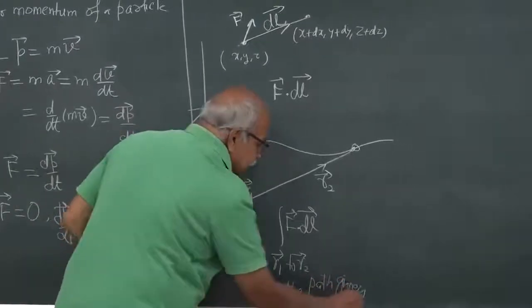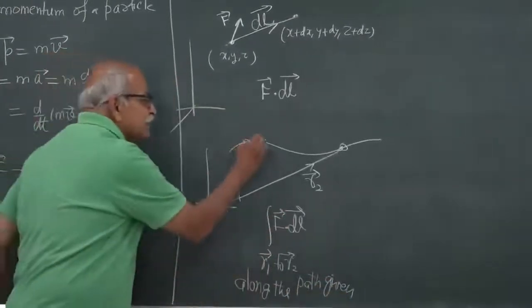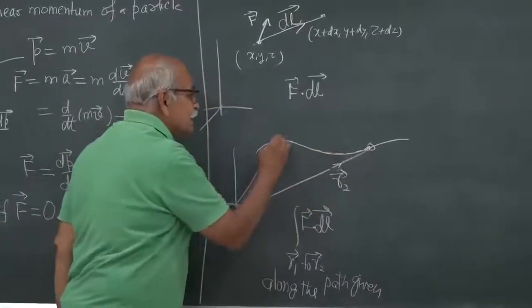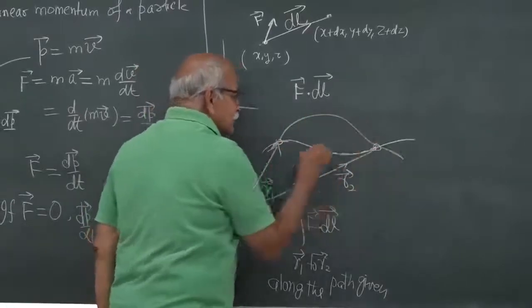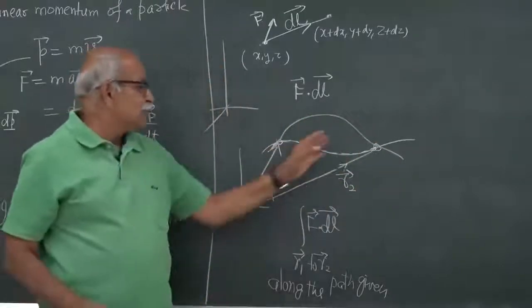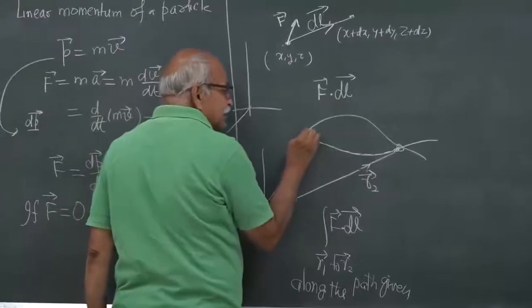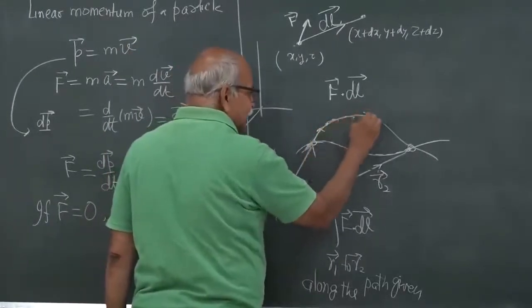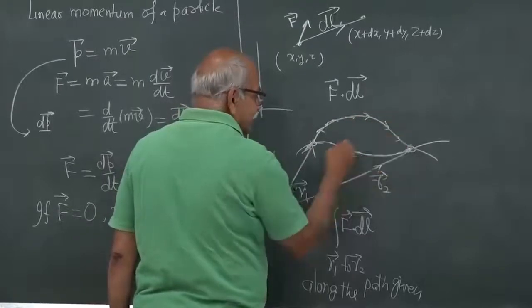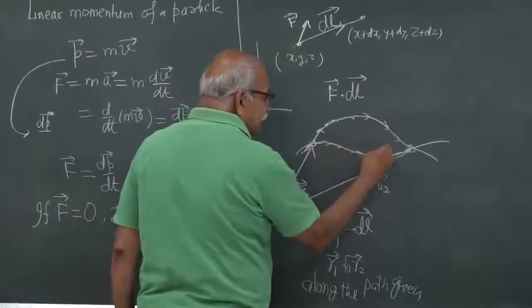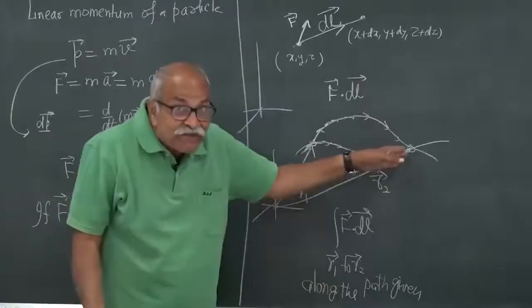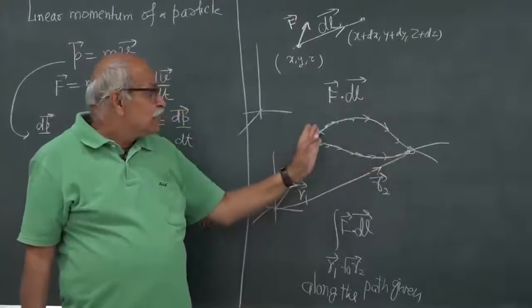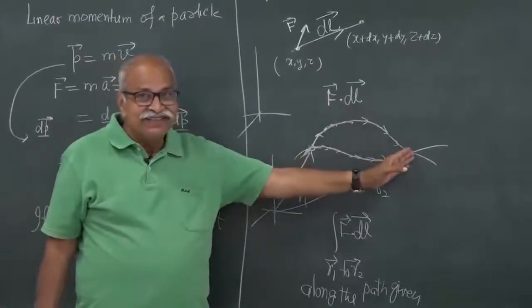Because I have to take this dl, then this dl, then this dl, and so on. If I take another path from the same point r1 to r2, then I will be taking different dl's. So, it is different, right? So, F dot dl along this path may or may not be equal to F dot dl along this path.